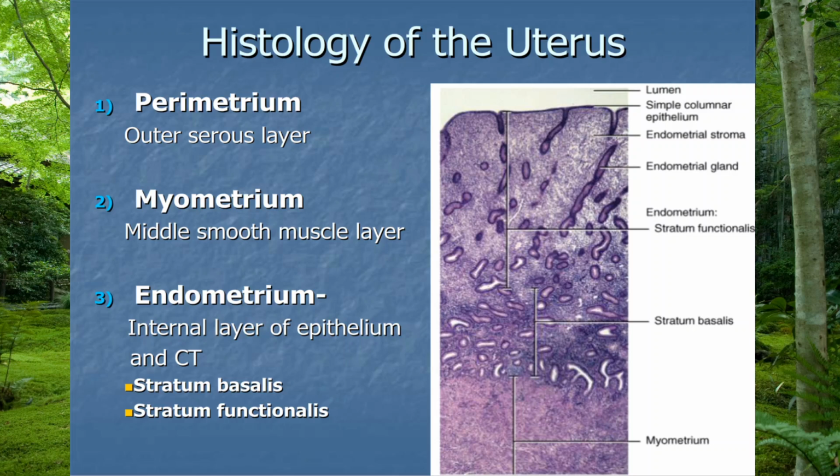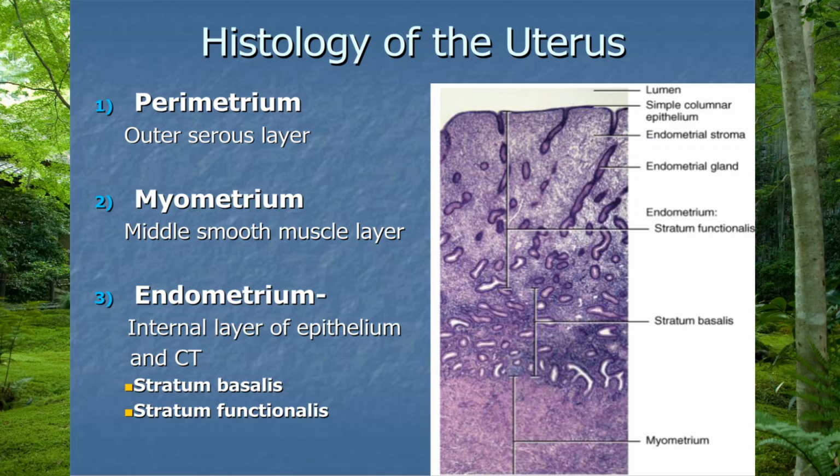The stratum functionalis has lots of glands in there that will secrete things like glycogen, and this glycogen is important for helping to maintain the uterine and vaginal pH, and it's also important for providing a little bit of nutrition to that developing zygote until a placenta is formed.